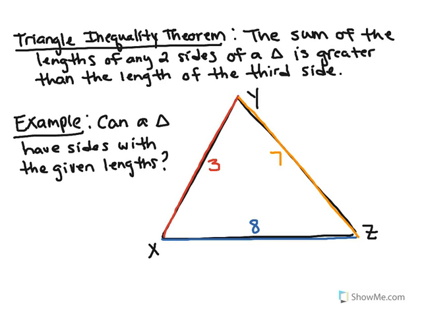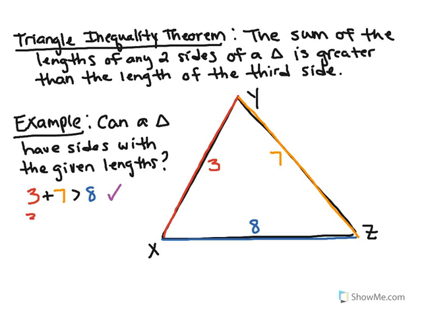Let's try 3 and 7 first. I'm going to do 3 plus 7, and that sum should be greater than the third side. So is this a true statement or is it not? Well, 3 plus 7 is 10. 10 is greater than 8, so far so good.